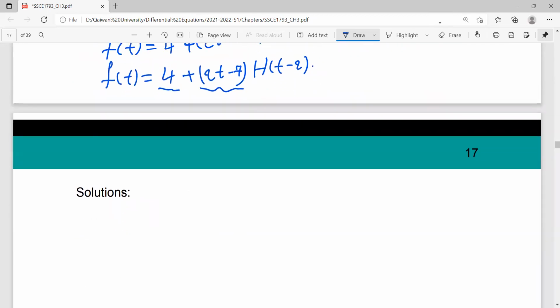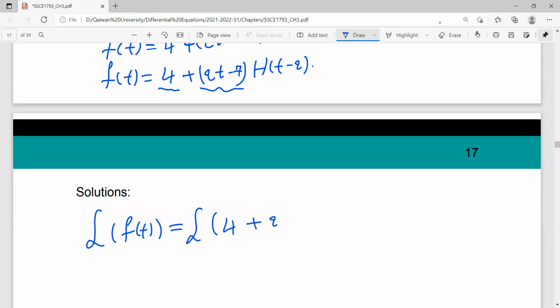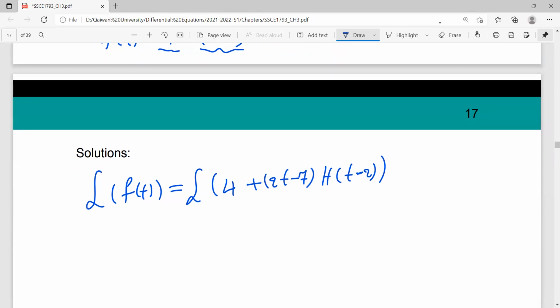The Laplace transform of f of t equals the Laplace transform of 4 plus 2t minus 7 times h of t minus 2. The Laplace transform of 4 is only a constant.